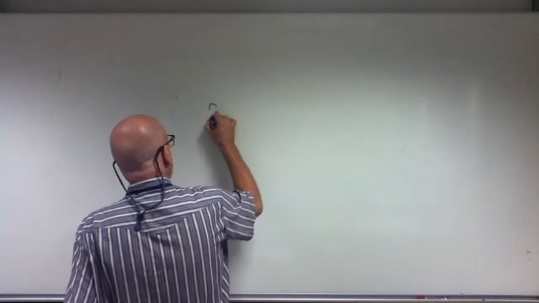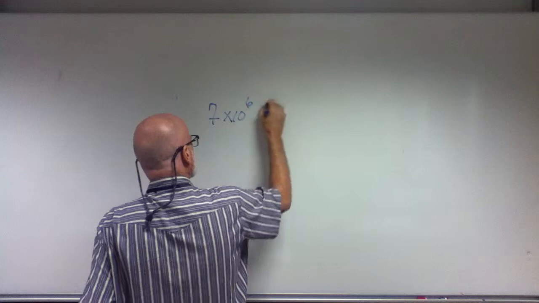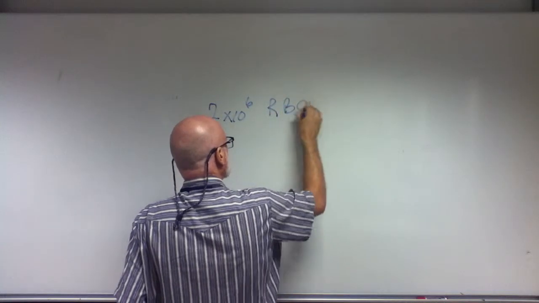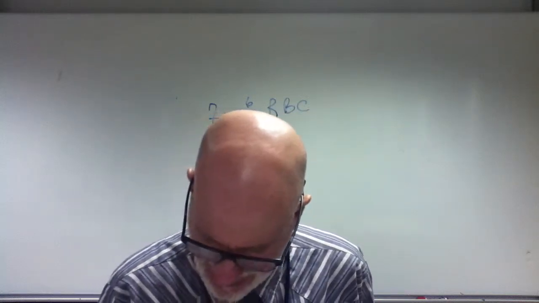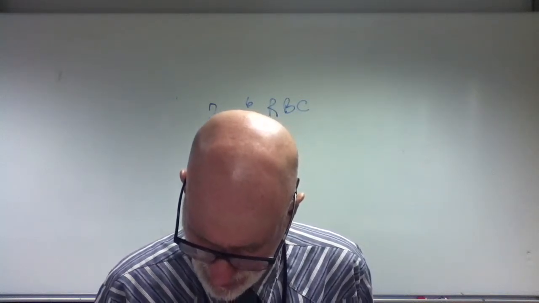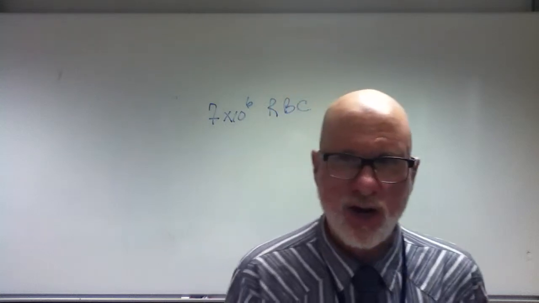All right, it says there are 7 times 10 to the 6th red blood cells, RBCs. It says 7 times 10 to the 6th red blood cells, okay? Now it says that many red blood cells are in 1 cubic millimeter.